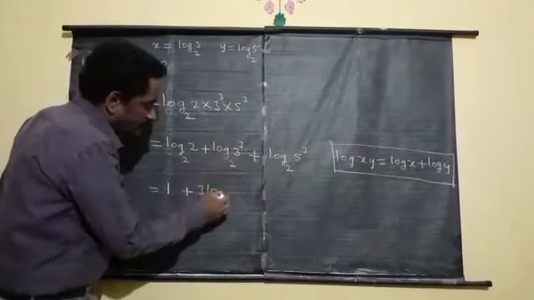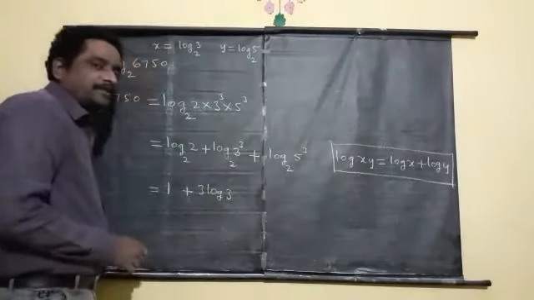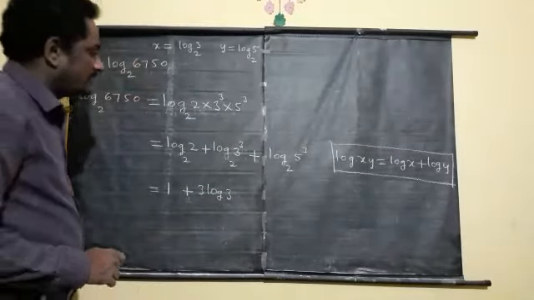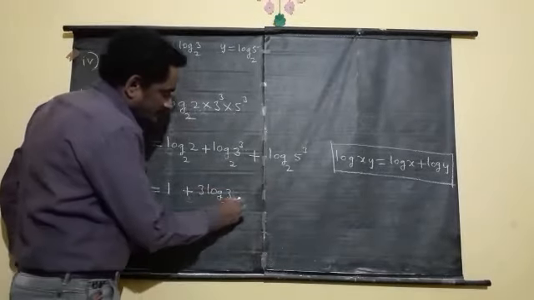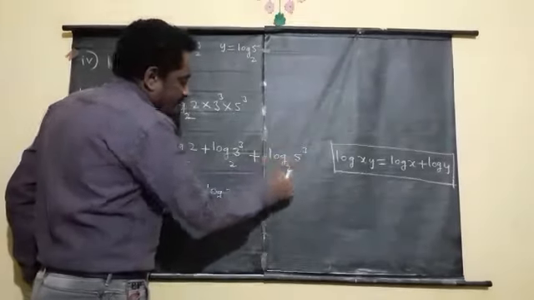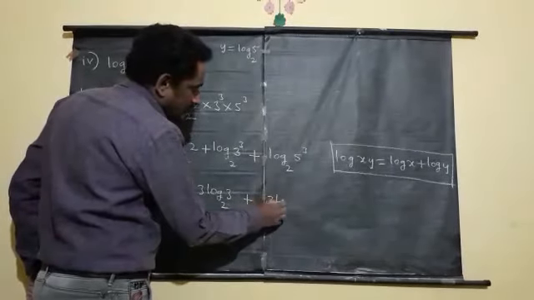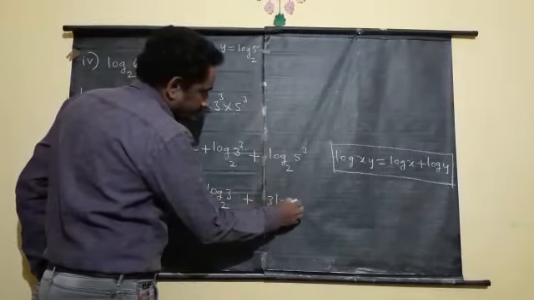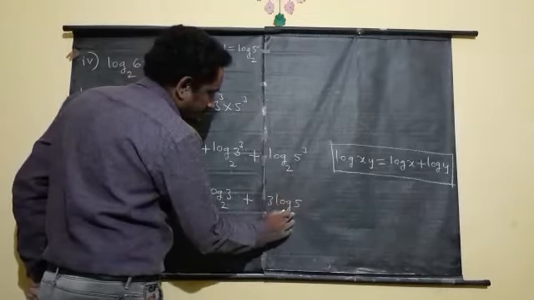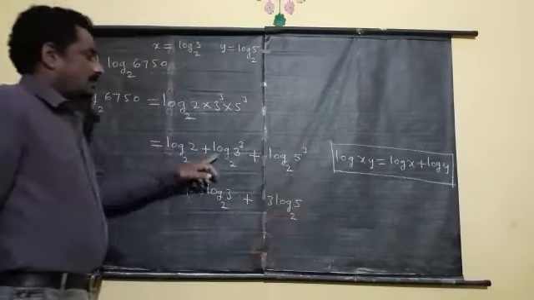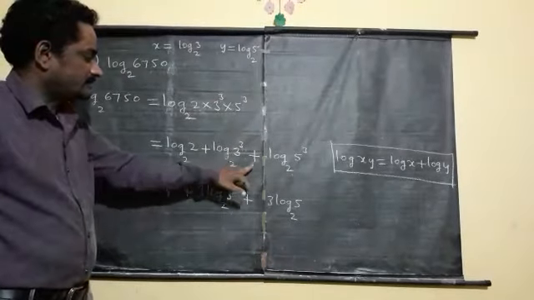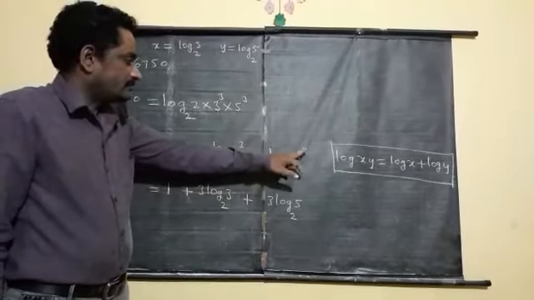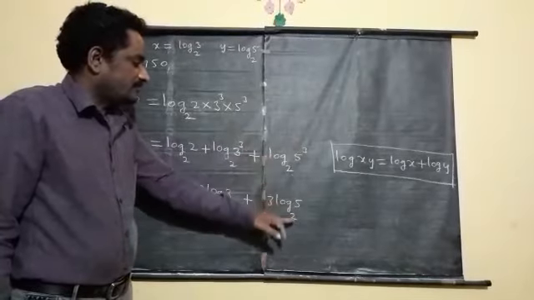Log 3 cube is equal to 3 log 3, using the formula log x to the power of m is equal to m log x, with base 2. Plus log 5 cube is equal to 3 log 5, base 2.